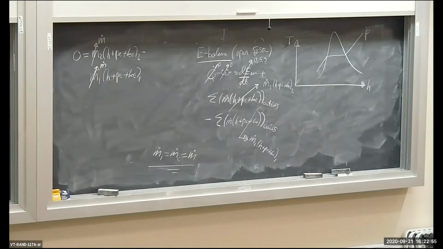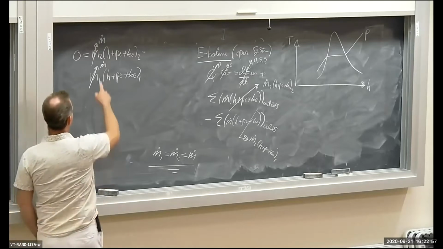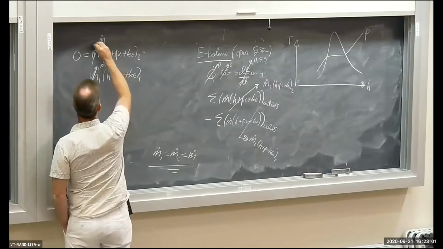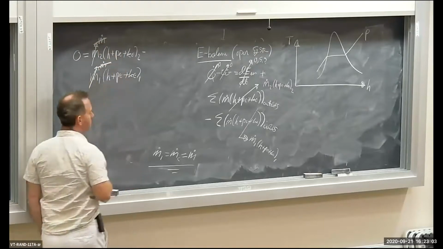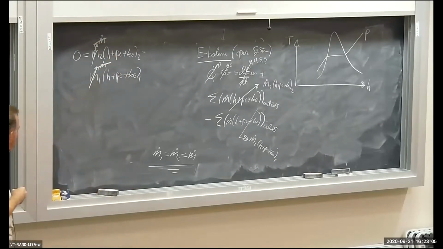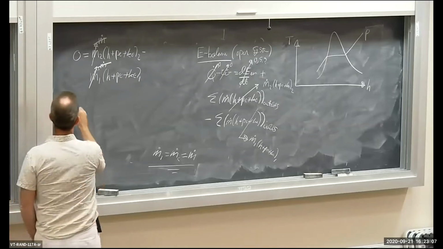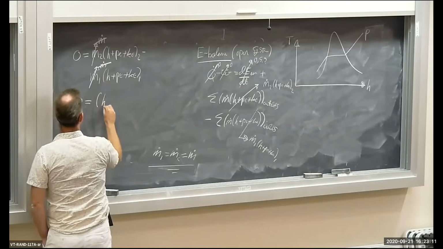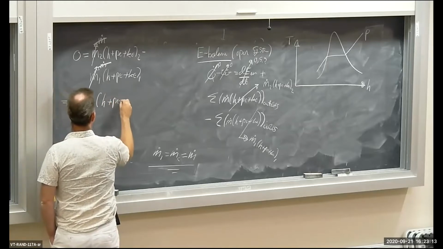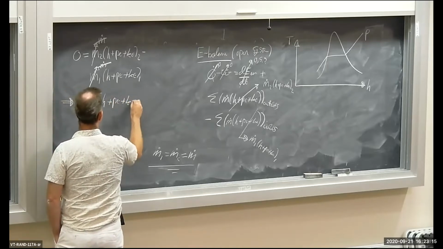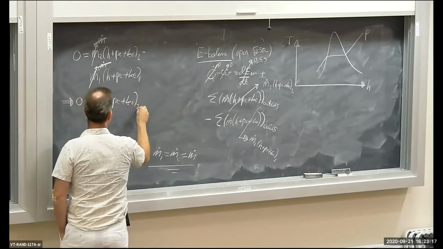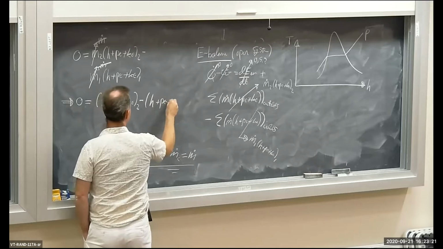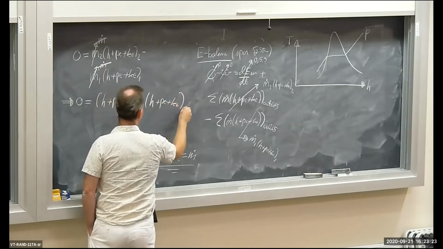If they're the same, they're both m dot, I can divide both sides of the equation by m dot and they go away. So I get 0 equals h plus PE plus KE at the outlet minus h plus PE plus KE at the inlet.